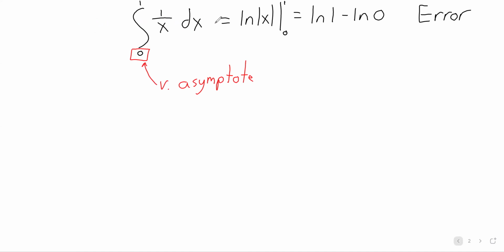Actually, what I wrote here is an error, but it's actually a nice error because your calculator will tell you that something's gone wrong.